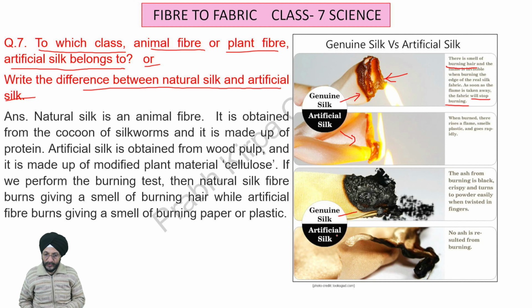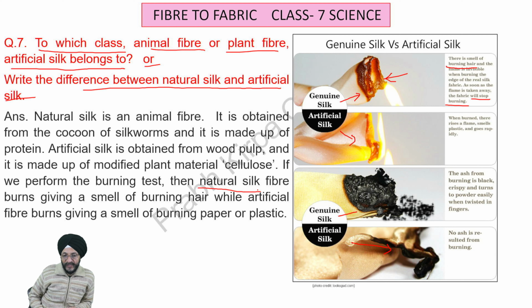But in the case of artificial silk, no ash is left. So from the burning test we can see whether a particular fiber is natural silk fiber or artificial silk fiber.